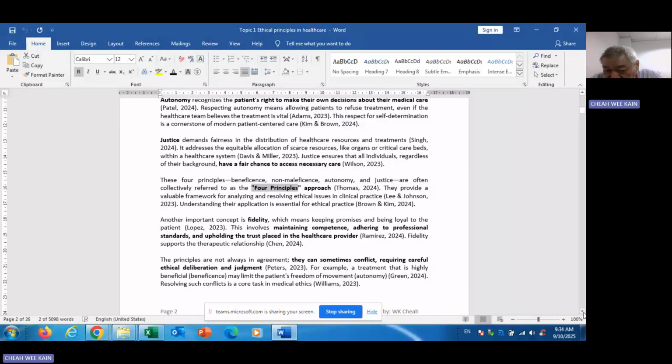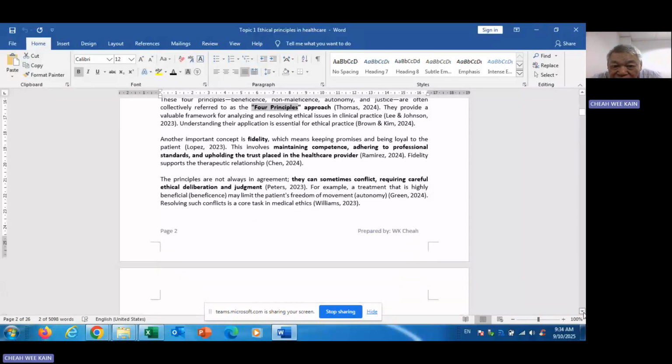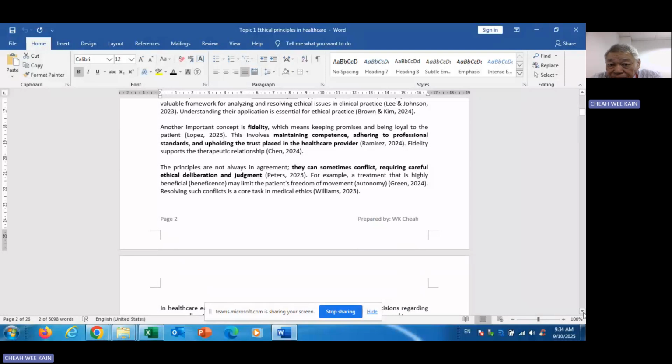Now, sometimes these four principles are in conflict with each other. For example, a treatment that is highly beneficial may limit the patient's freedom of movement. Let's say a patient has a problem with the legs, a diabetic, and then we need to cut off the leg.